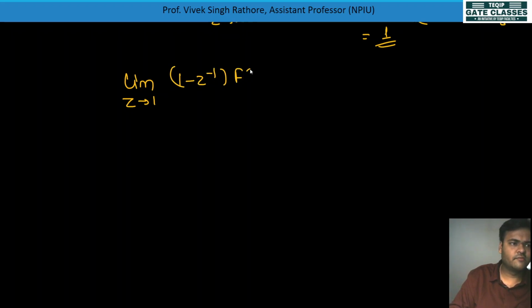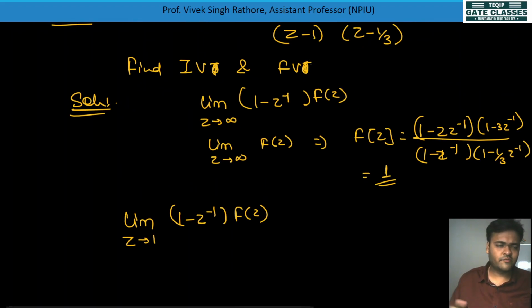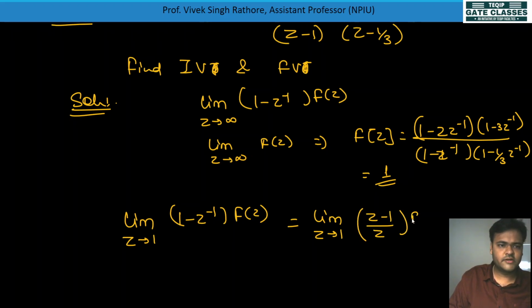For the final value, what you need is limit z tending to 1 of (1 minus z inverse) F of z. It is also equivalent to limit z tending to 1 of (z minus 1) by z into F of z, or limit z tending to 1 of (z minus 1) into F of z.